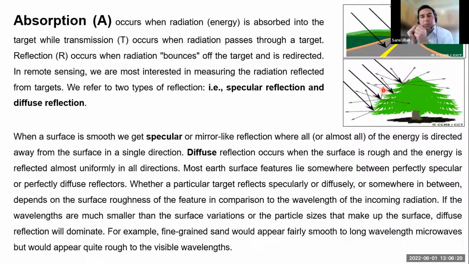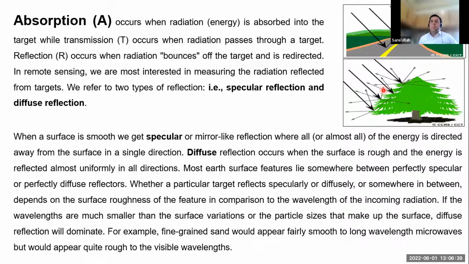But from some objects, there is a combination of specular reflection as well as diffuse reflection. So there is a kind of middle-level reflection, a combination of diffuse and specular reflection.